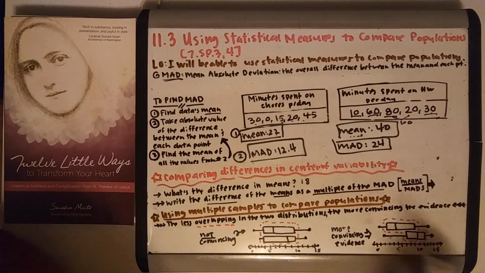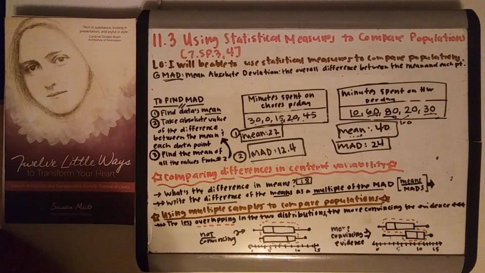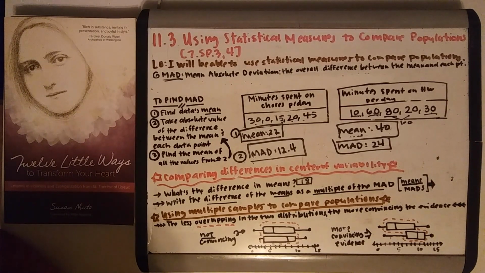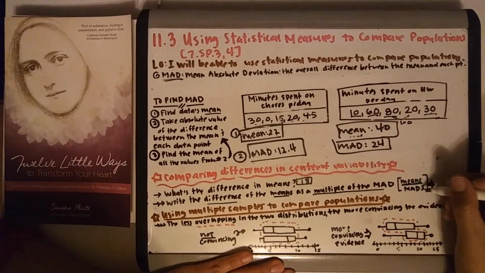And then this one says, write the difference of means as a multiple of the MAD. So how do we do that? We take the difference of the means, and then we take the difference of the mean absolute deviation.